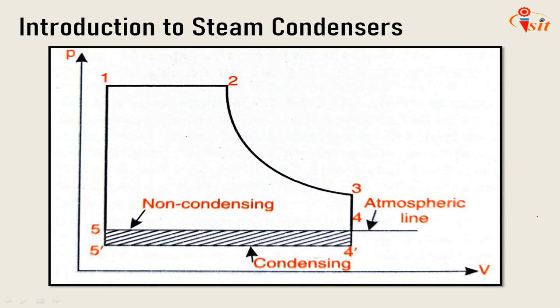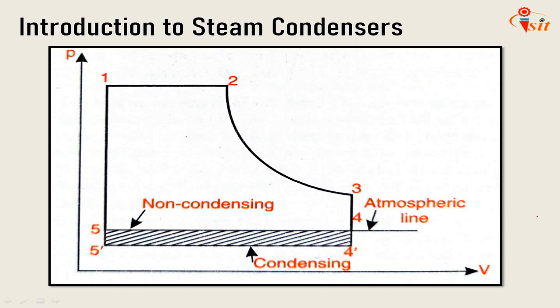In thermal power plants, condensers are used to condense the exhaust steam from a steam turbine to obtain maximum efficiency and also to convert the turbine exhaust steam into pure water so that it may be reused in the steam generator as feed water.